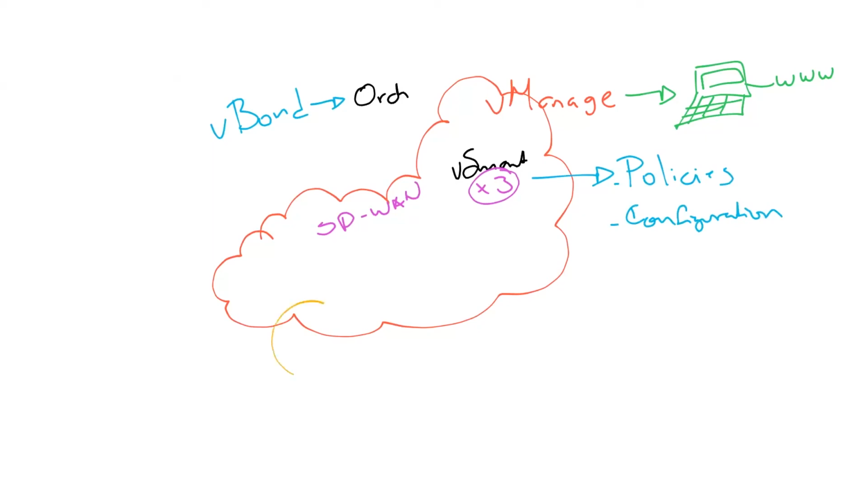And our data plane will be below all these 3 control plane instances. So the data plane could be your cloud instances, your branch offices, and your headquarters.